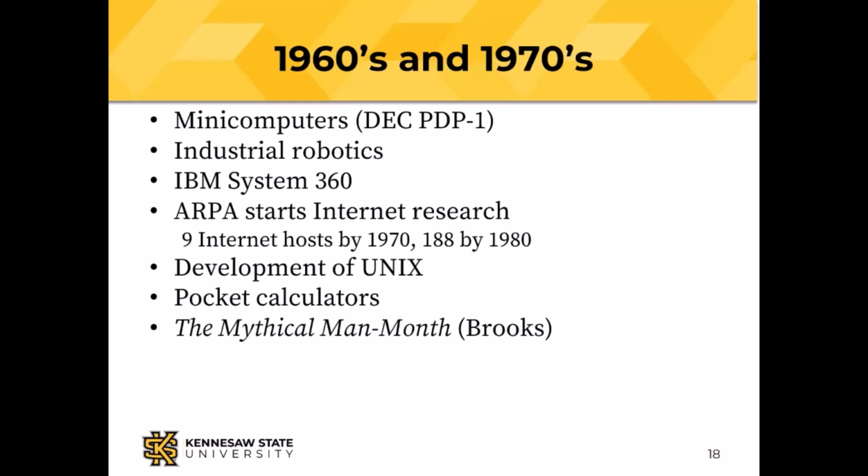Fred Brooks was the head honcho in charge of the IBM System 360 project, and he wrote this book, The Mythical Man-Month, and then 25 years later put out a revised edition. If you are serious about computing, you should check The Mythical Man-Month out of the library and read it cover to cover.